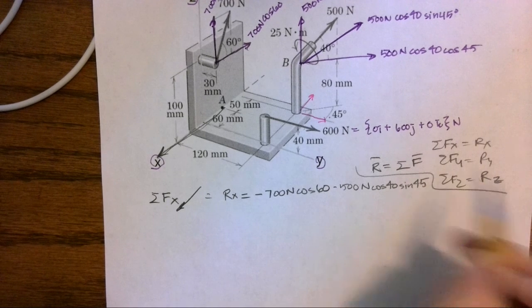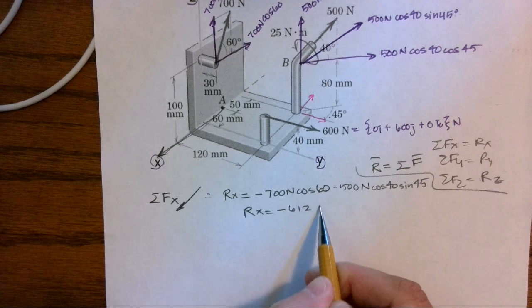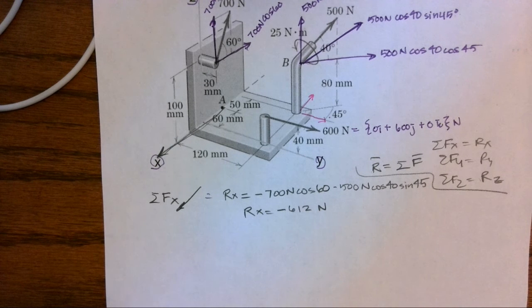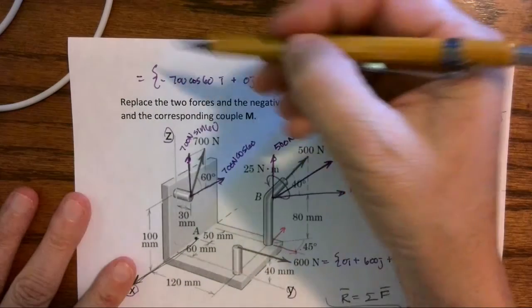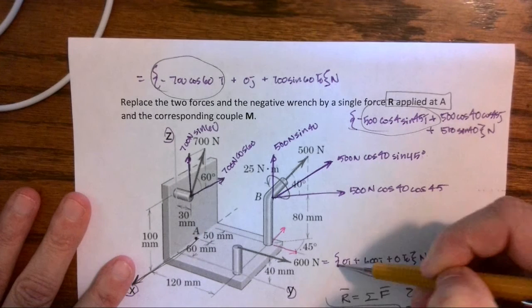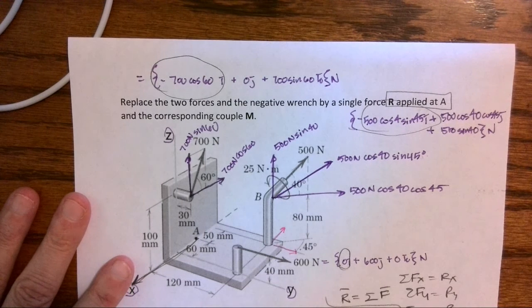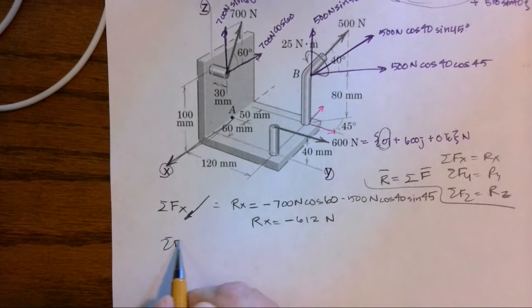And I can find that my resultant in the x direction is negative 712 newtons. Okay, so it's pulling back into the page. Or if I want to look at Cartesian vectors, I can just take my x, my x, my x, and sum them up.